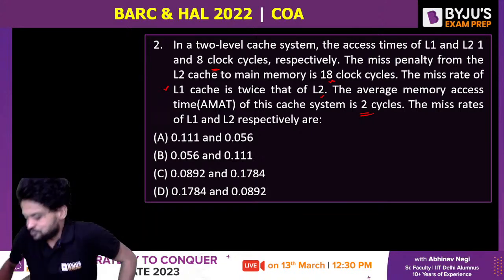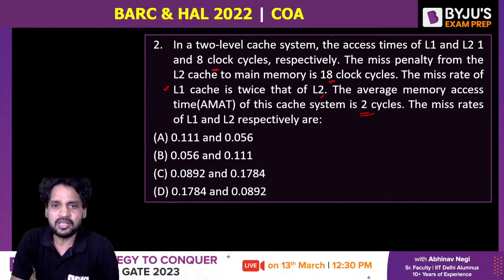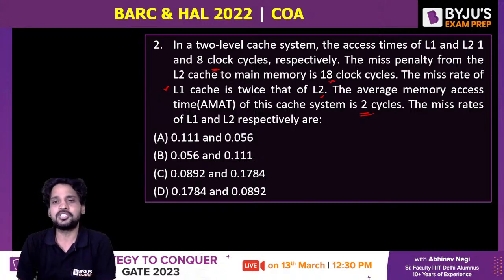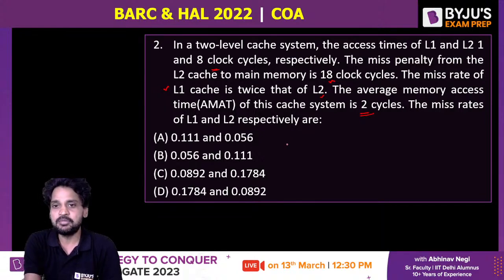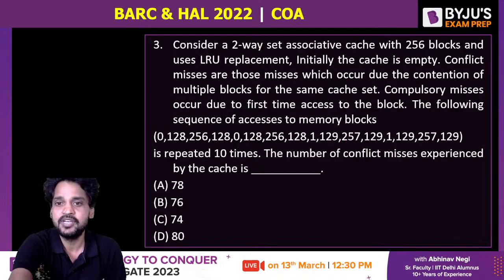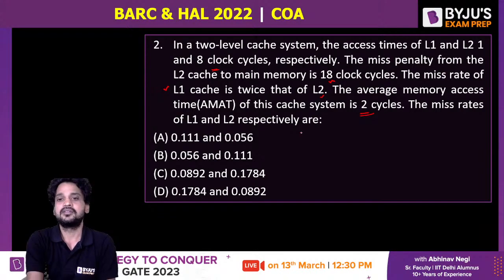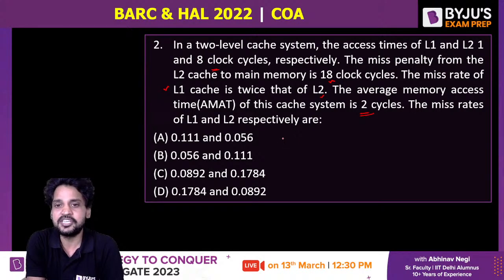For this, you will be able to solve it by applying the same logic, but I'll give you a shortcut in order to solve this. You know that average memory access time will be calculated as, do we have a slide for this? Yeah, I don't have an illustrative slide, but I will explain here itself.